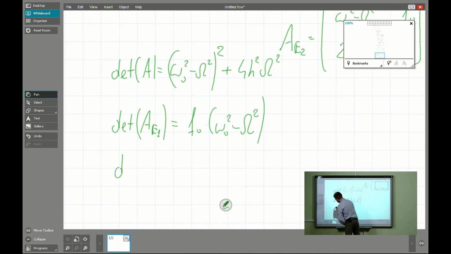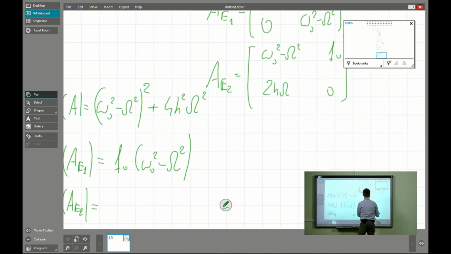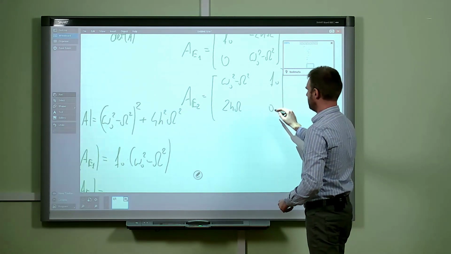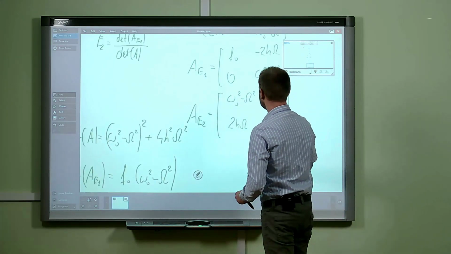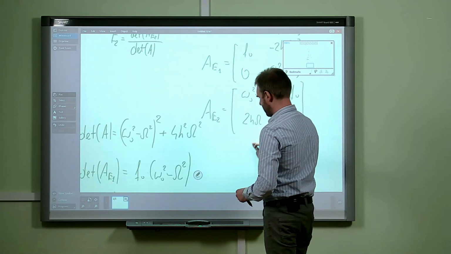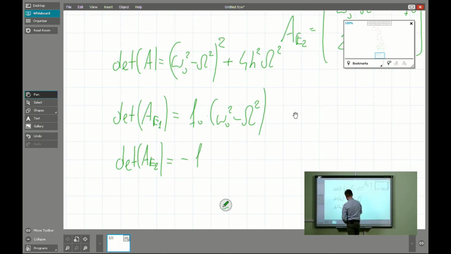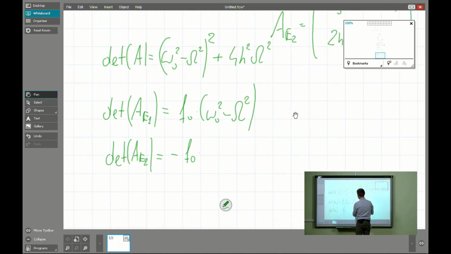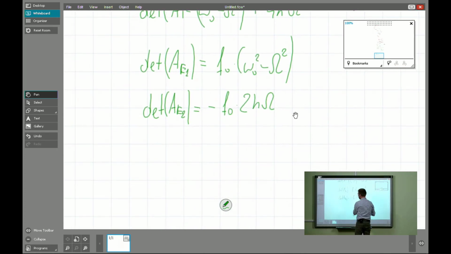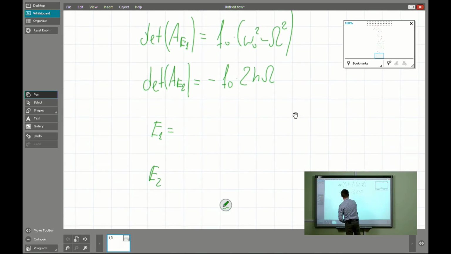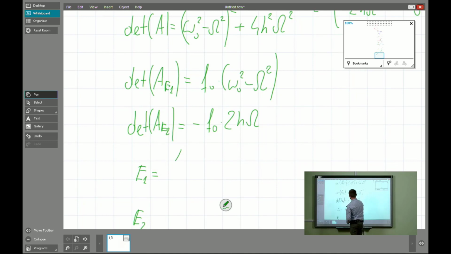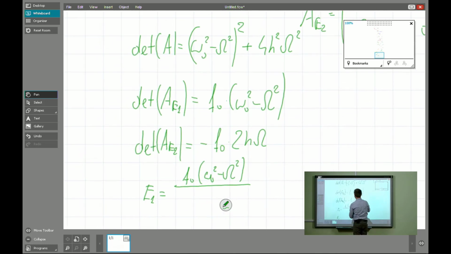And if we are talking about the last determinant, it's such a thing. It means here we have 0 as a contribution of that element and a negative value due to that thing, because as we see, it will be minus of that product, minus f0 times 2h omega. And now we are able to find the solutions, and in that case it will be f0 (omega 0 square minus omega square) over that whole thing.